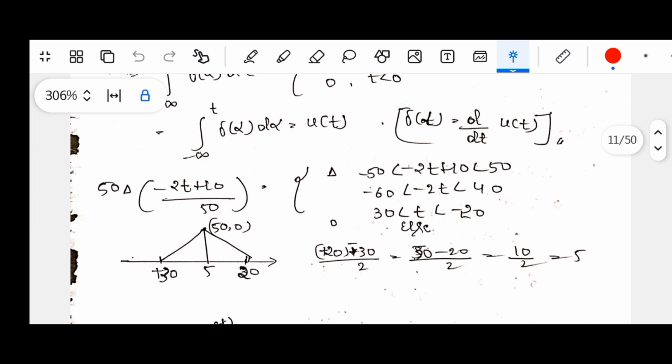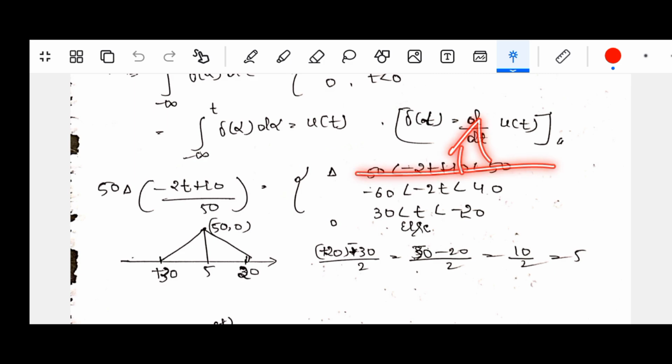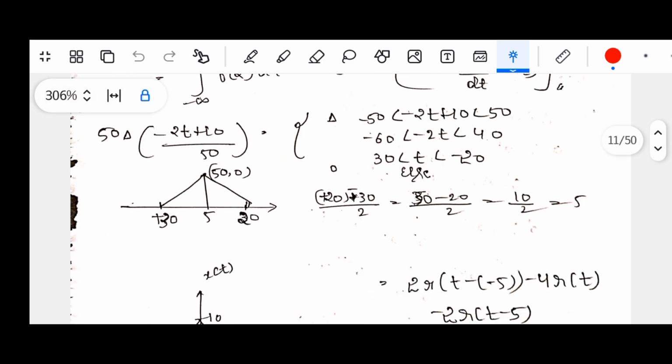Let's solve some problems. 50 into triangle of (minus 2t plus 10) by 15. For the triangle, minus 50 less than numerator, minus 2t plus 10, less than 50. Subtract 10, then divide by minus 2. You will get minus 60 less than minus 2t less than 40. Dividing by 2, minus 30 less than t less than 20. Otherwise it will be 0.